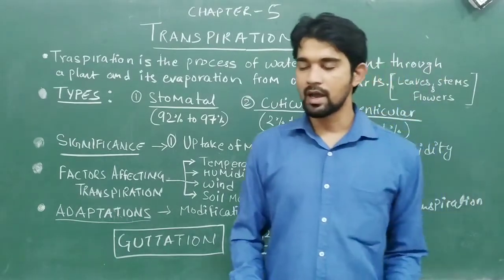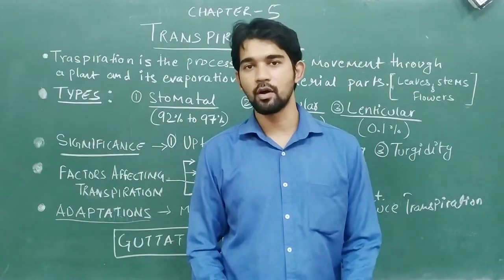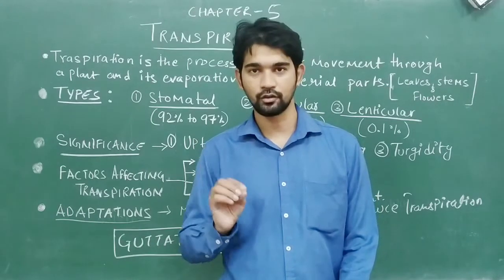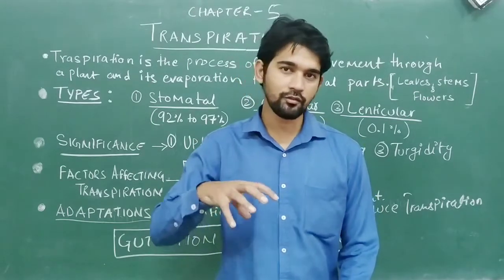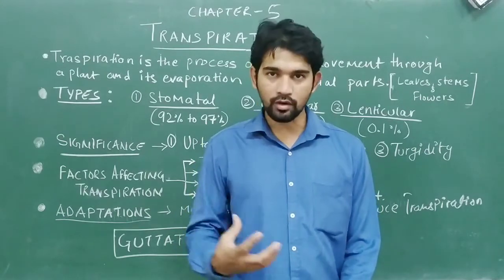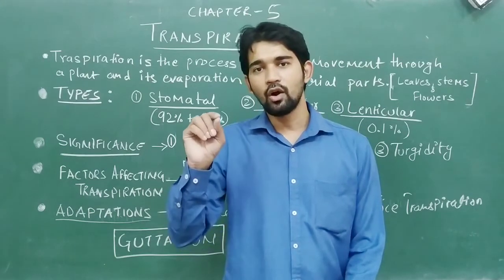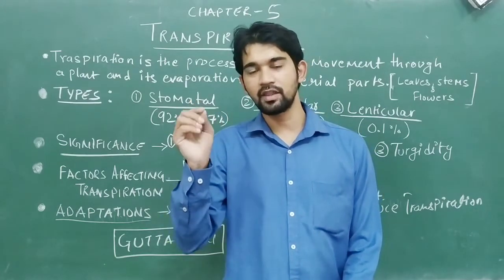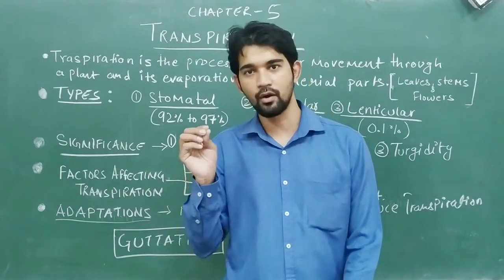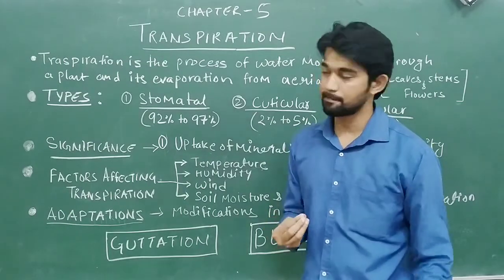Guttation is the oozing of water from specialized pores known as hydathodes. When a lot of root pressure develops inside a plant and that water has to be released, on the edge of the leaf there are specialized pores. These pores are known as hydathodes, and they release the water.